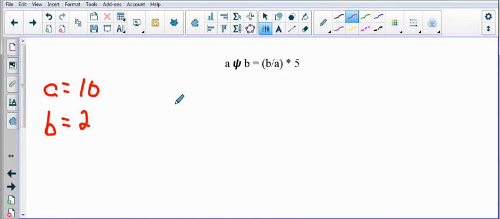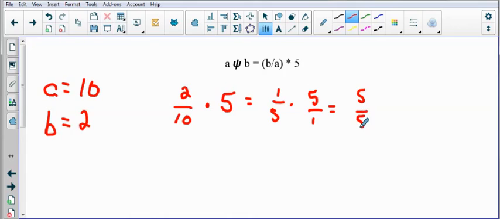Okay, so let's see, you've got 2 divided by 10, and then times 5. Well, 2 divided by 10 is 1 divided by 5. 1 divided by 5 times 5 is 1 divided by 5 times 5 over 1, which is 5 over 5, which just equals 1. Okay, so that's just some examples.